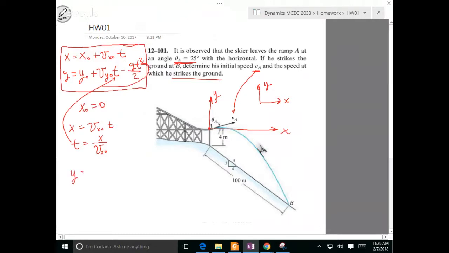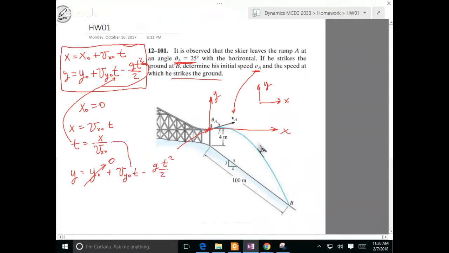So y is equal to y naught. And if I put my origin where the skier launches himself, that becomes 0. Plus v y naught t minus g t squared over 2.